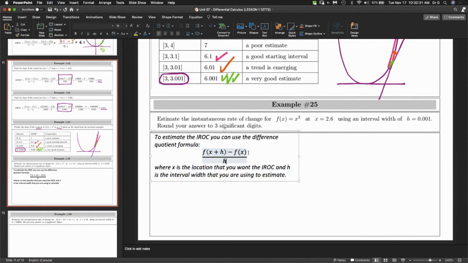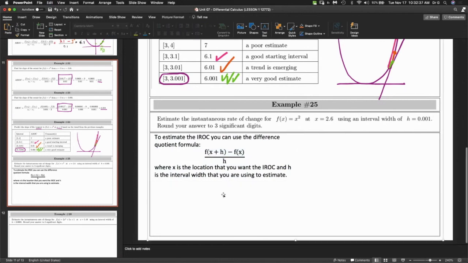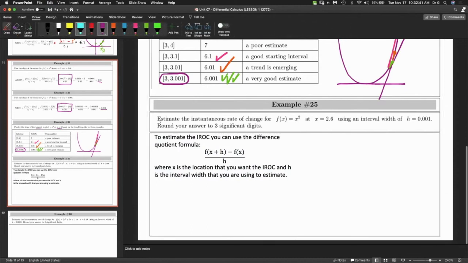So in this case, we're given the values here, and we just apply them to this formula. I want to emphasize here, it is an estimate. So see this here, h is 0.001. If you wanted to have the exact value, it would be h equals 0. But we're going to get to that in an example or two from now.